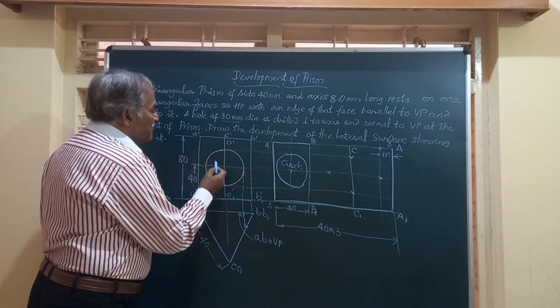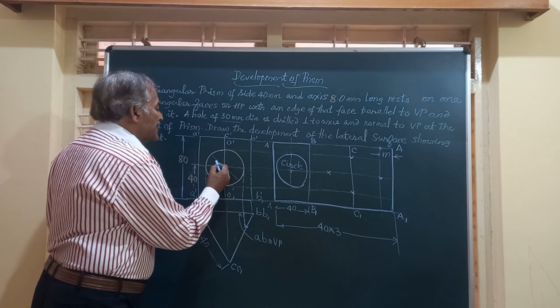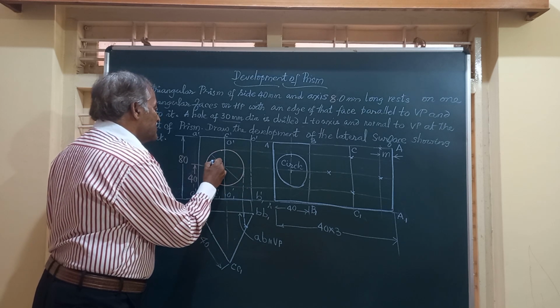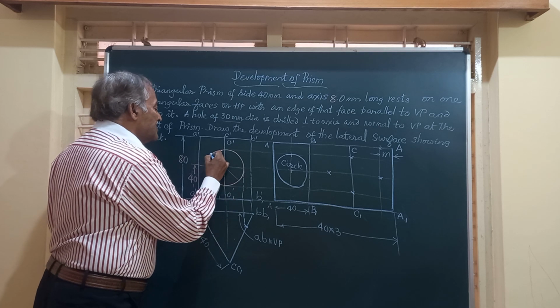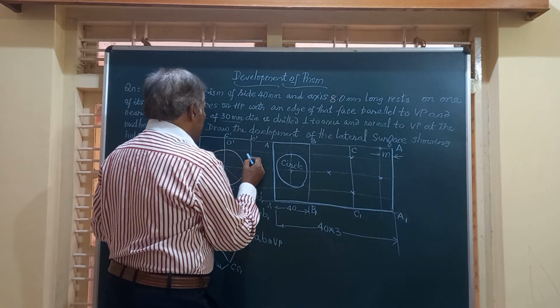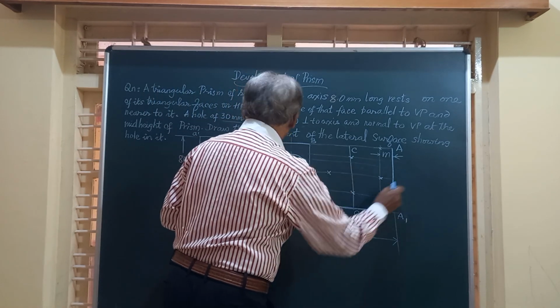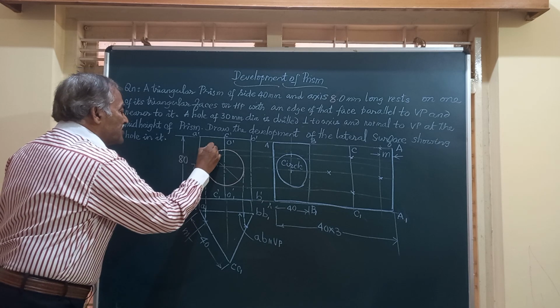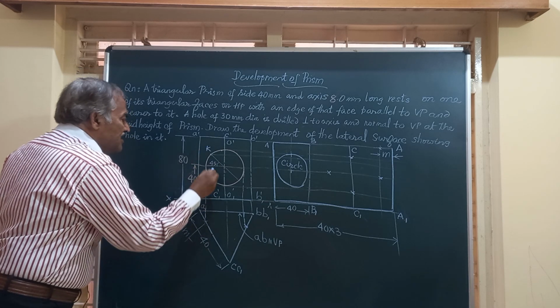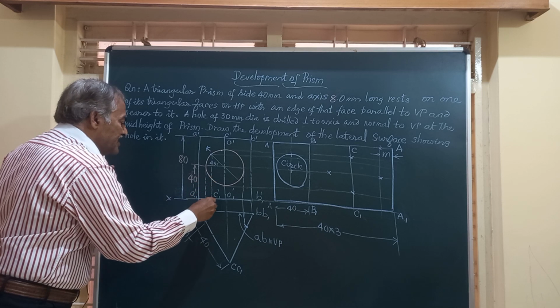Simple, friends. You write a diagonal here or a line inclined at 45 degrees to the horizontal. You get a point here. Take that point to the end. So where is this point? Suppose if we call this point as K. K is here. Just write a vertical line from there.